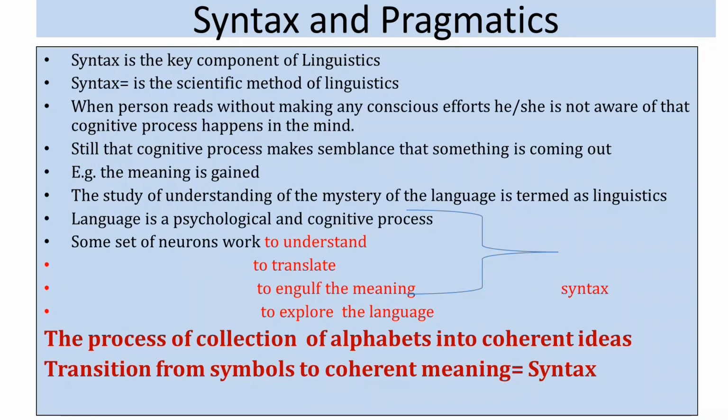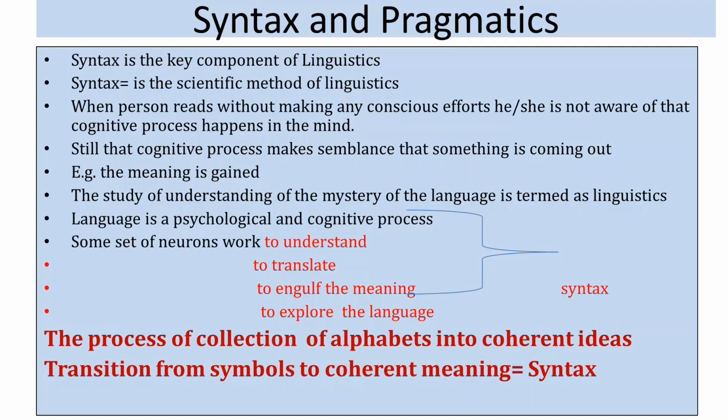That is the work of neurons in our mind, in our brain, and how they create the meaning of sentences, the meaning of language. That is basically the understanding of syntax. So I think the meaning of the word syntax is clear to you.